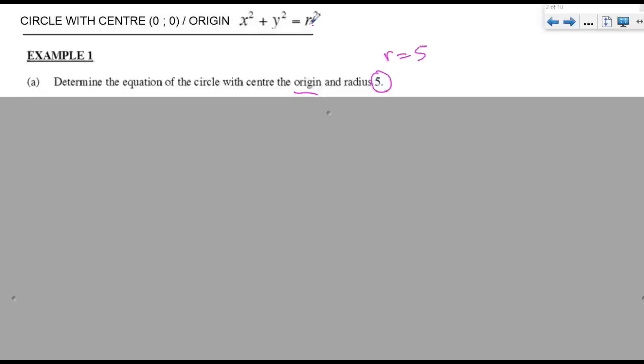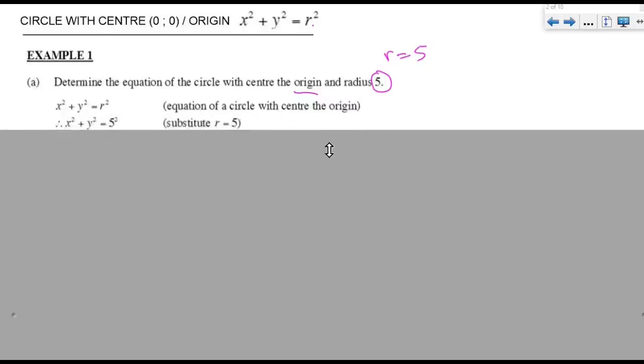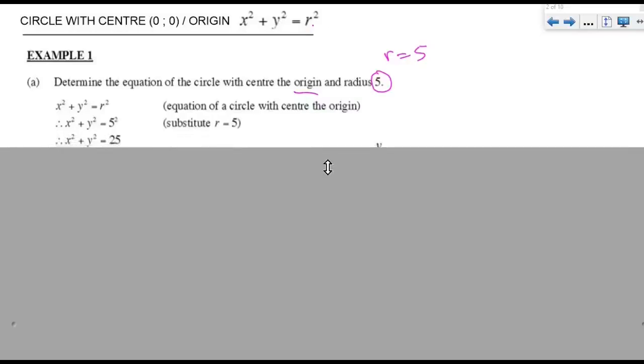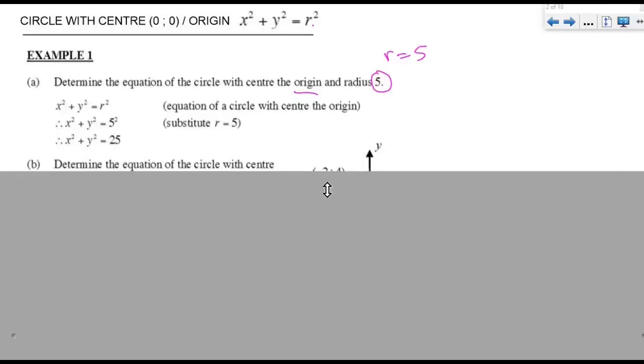Remember, we want r squared. So the equation of a circle whose center is at the origin is x squared plus y squared is equal to r squared. Therefore, x squared plus y squared is equal to 5 squared. Therefore, the equation of the circle is x squared plus y squared equals 25. So that's the first part.